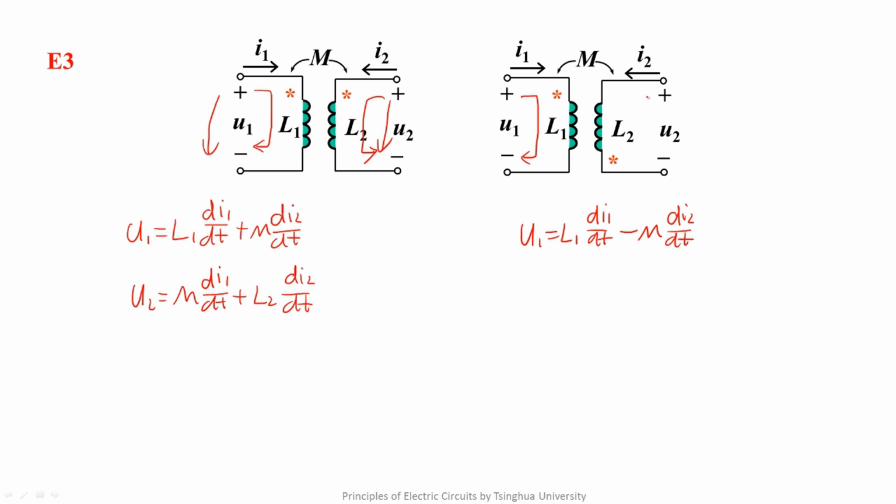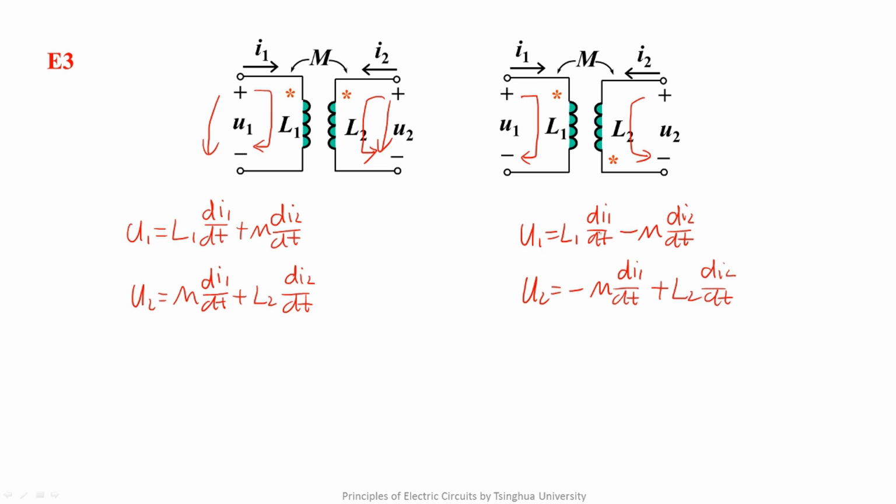The KVL path is like this for coil 2. We first discuss the mutual voltage. The current of coil 1 flows into the dot, while the direction of the voltage is from non-dot to dot, so the mutual voltage is negative. The voltage and the current have associated reference directions for coil 2, so there is a positive self-inductive voltage.